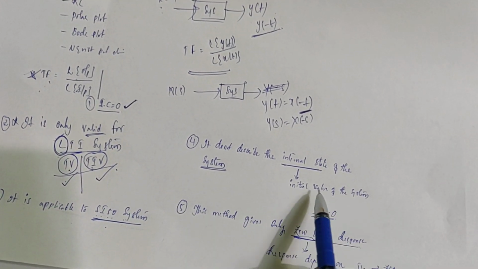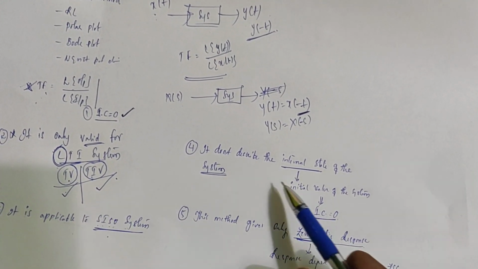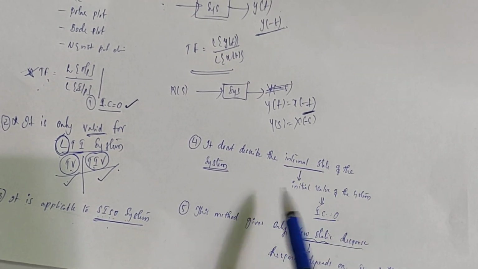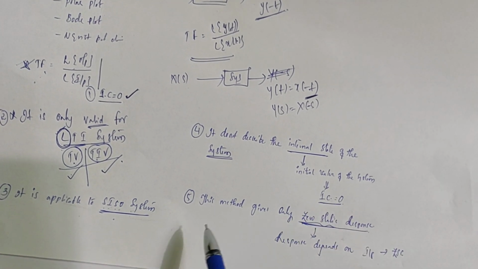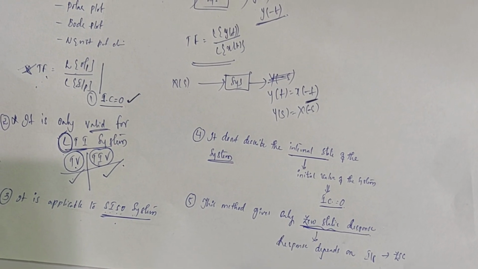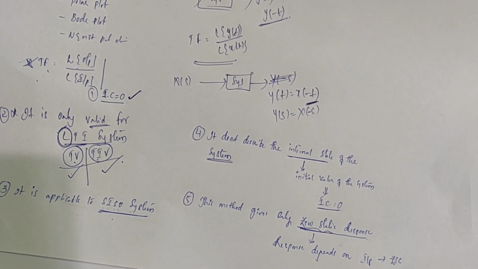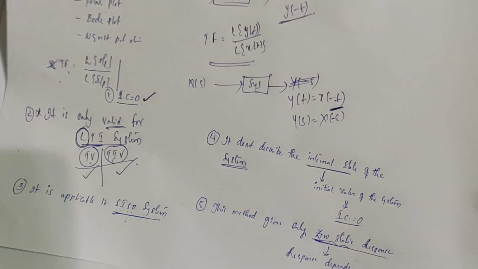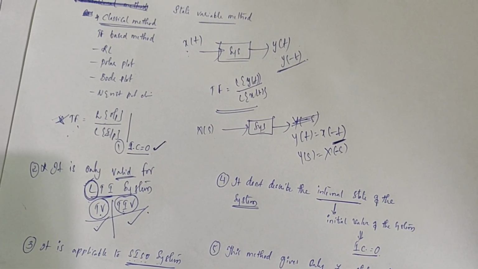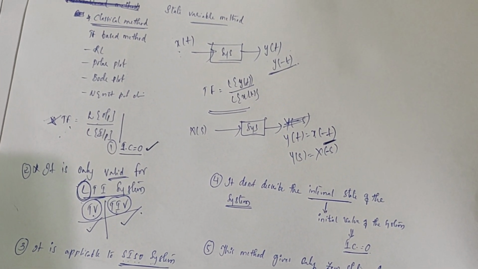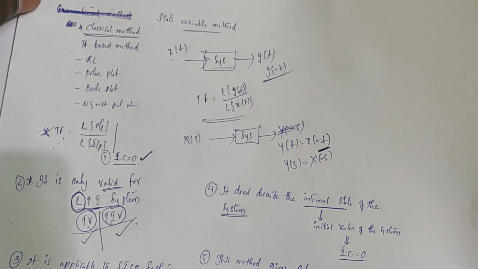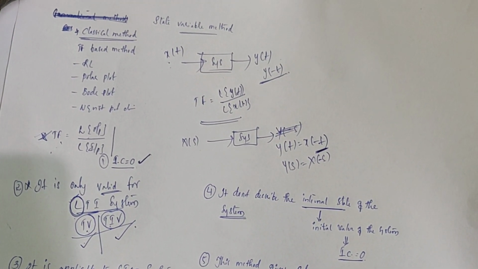Whenever you consider initial conditions, it describes the internal state of the system. And the state variable method gives zero state response and zero input response, right? These are the limitations we observed in the transfer function technique, which we overcome by using the state variable method or state space method.